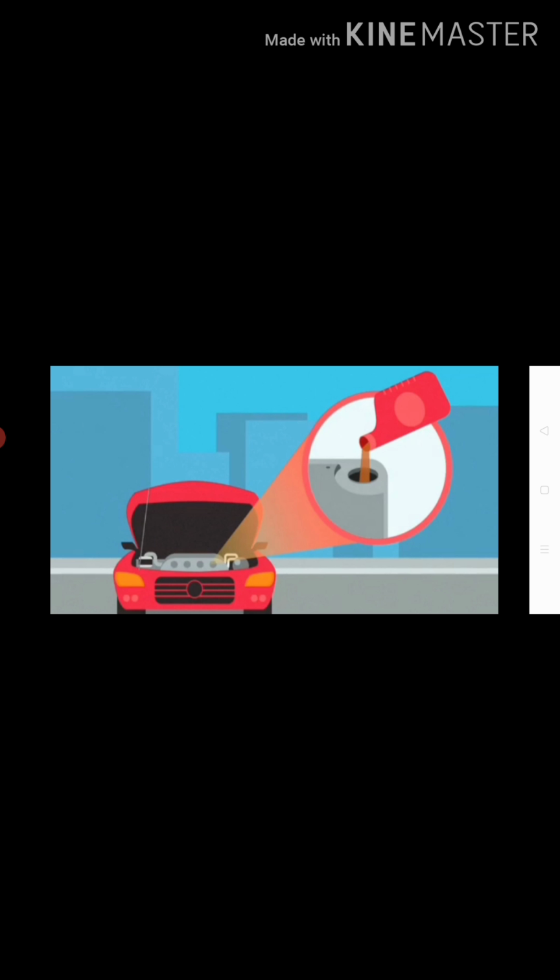A bicycle and a motor mechanic use grease between the moving parts of these machines. In all these cases, we want to reduce the friction in order to increase efficiency.